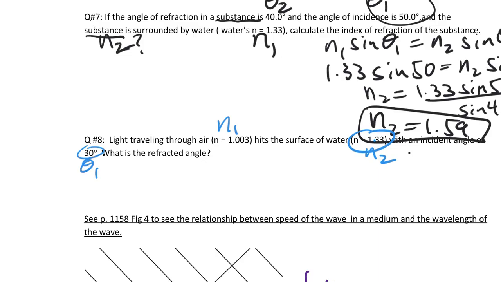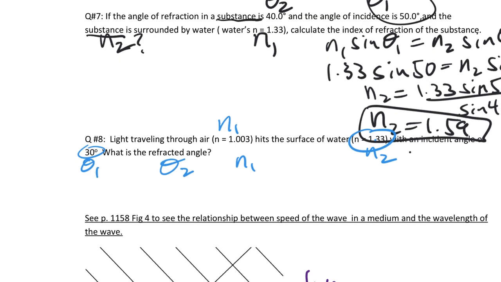What is the refracted angle? So what's theta 2? Okay, so again, N1 sine theta 1 equals N2 sine of theta 2.